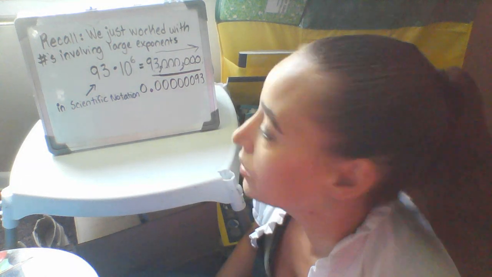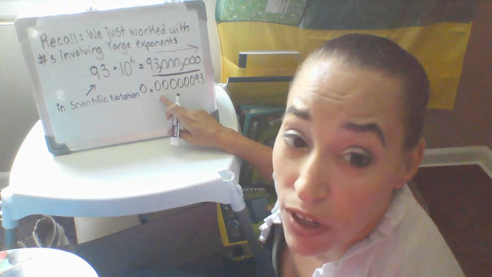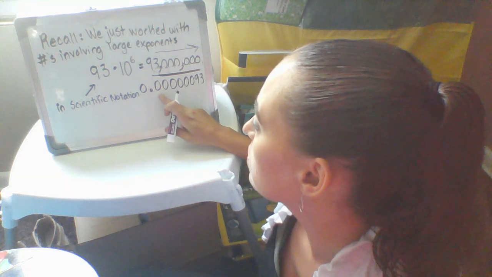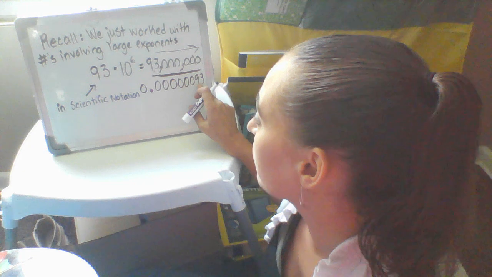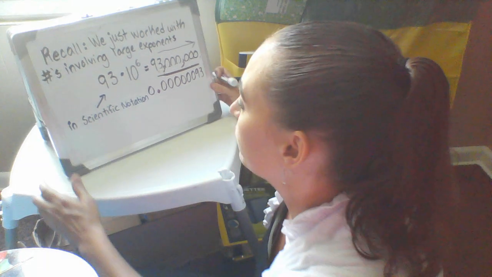Okay, so let's go back through these rules to figure out the scientific notation of a tiny number. Again, it has to be greater than 1 but less than 10. So I can't use any of these zeros. I have to have the 9 and the 3 in there. So I'm going to put 9.3.